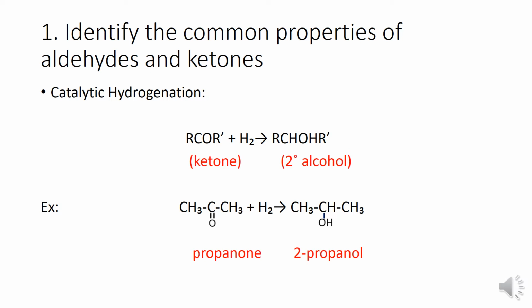Add to it hydrogen in the presence of hot nickel, and one hydrogen atom is bonded to the carbon of the carbonyl group and the other hydrogen is bonded to the O, and we get here OH. The product will be 2-propanol.